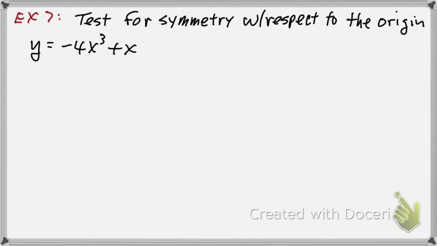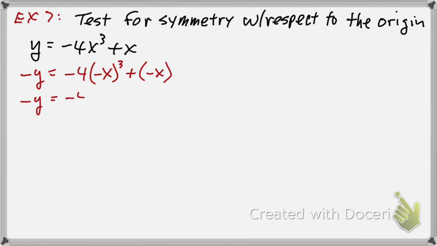So the first thing I'll do is I'll just do it both at the same time. So I'm going to replace y with negative y. I'm going to replace my x's with negative x. Just test for both at the same time. So I've got minus y equals negative 4.